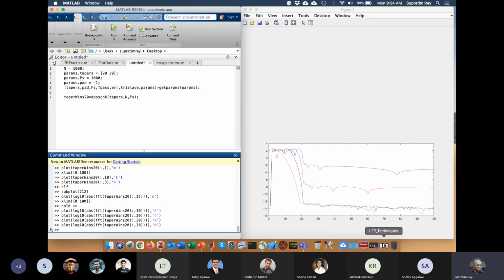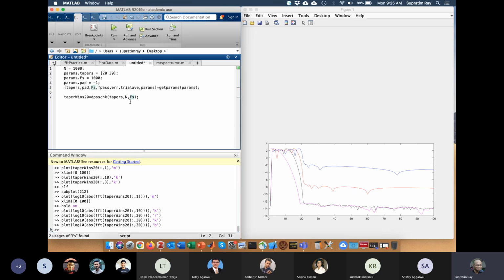Okay, so that's why when you do multi-taper analysis, you only choose the first few, and the maximum limit that is given to you is 2 TW minus 1. Okay, so that's that. I wanted to show you guys how the multi-taper windows look, and also encourage you to actually just run these commands and play with the signal.